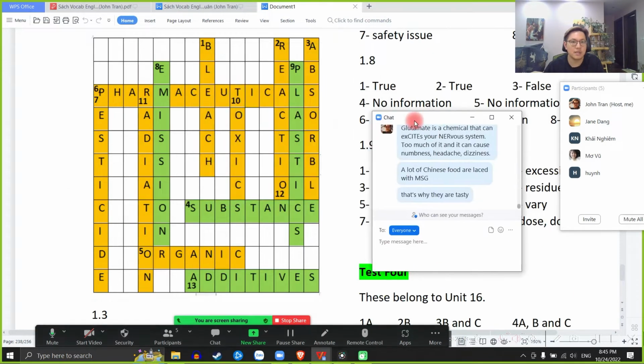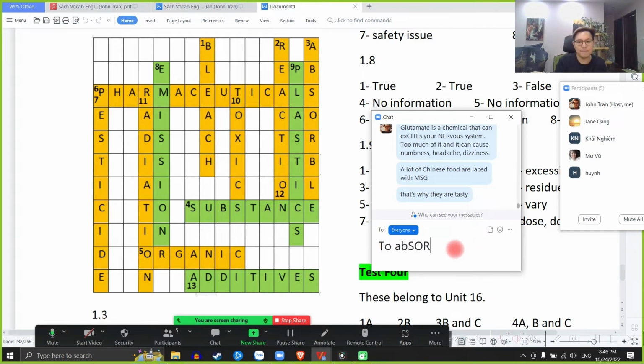There, you can see. Number 1 is bleach. Thuốc tẩy, bleach. Number 2 is a chemical reaction. Một phản ứng hóa học, a chemical reaction. Number 3 is absorb.